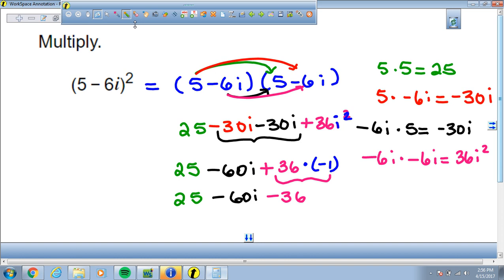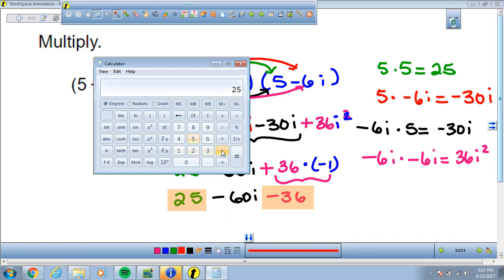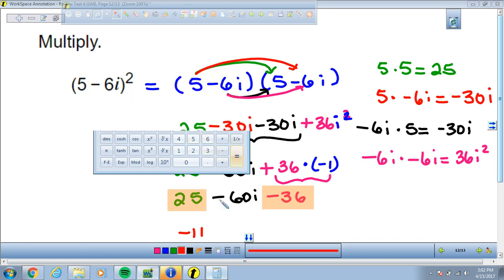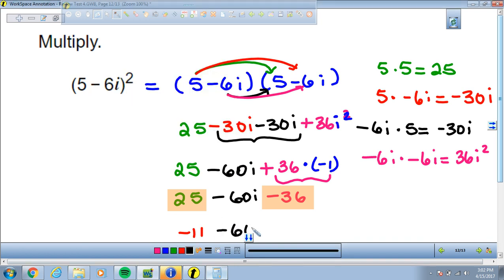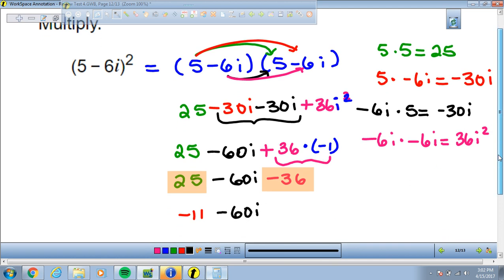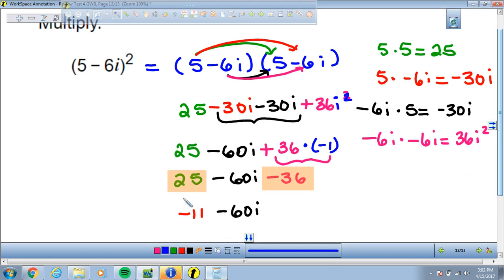So you can combine the 25 with the negative 36. So that's going to be 25 minus 36, negative 11. 25 minus 36. Yes, I just wanted to make sure. Minus 60i, because there's nothing you're going to do with that one. And that would be your number in a plus bi form.